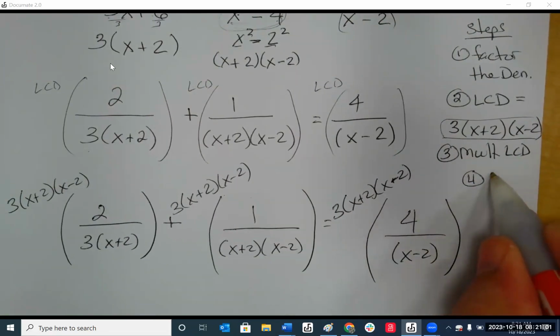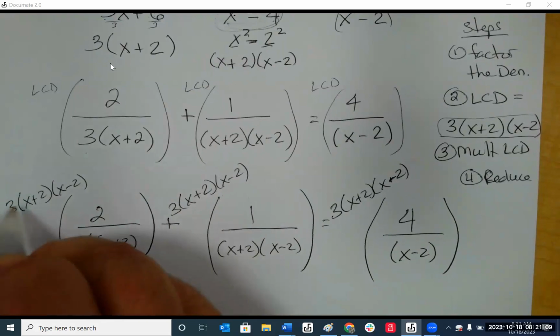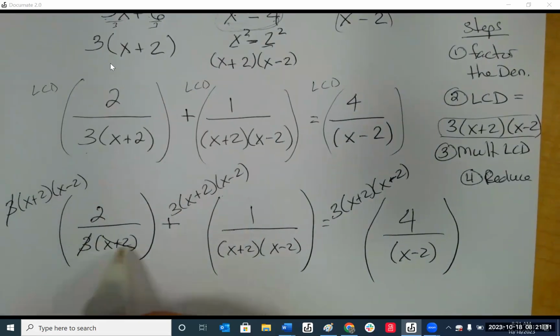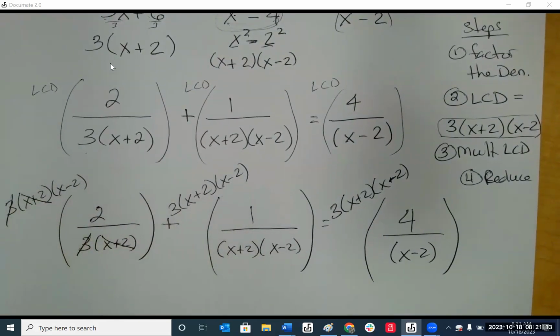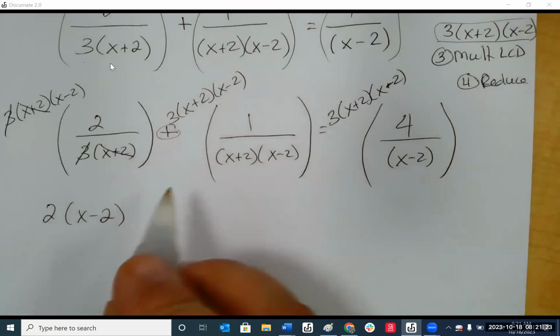Step 4 says reduce or cancel. So in this first term, the 3's cancel, the x plus 2. So what we have left is 2 times x minus 2. There's a plus.